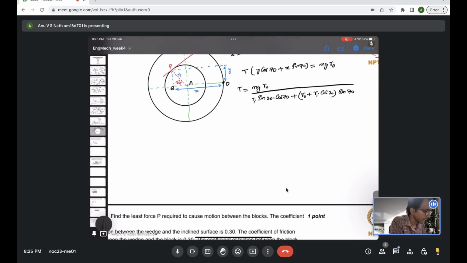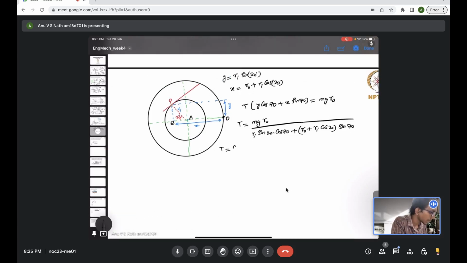So the tension in the string is mg R outer by R inner sine 20 cos 70 plus R inner cos 20 sine 70 plus R outer sine 70. If you do the full algebra, you really don't need to, you can just evaluate them. But you can simplify this further.